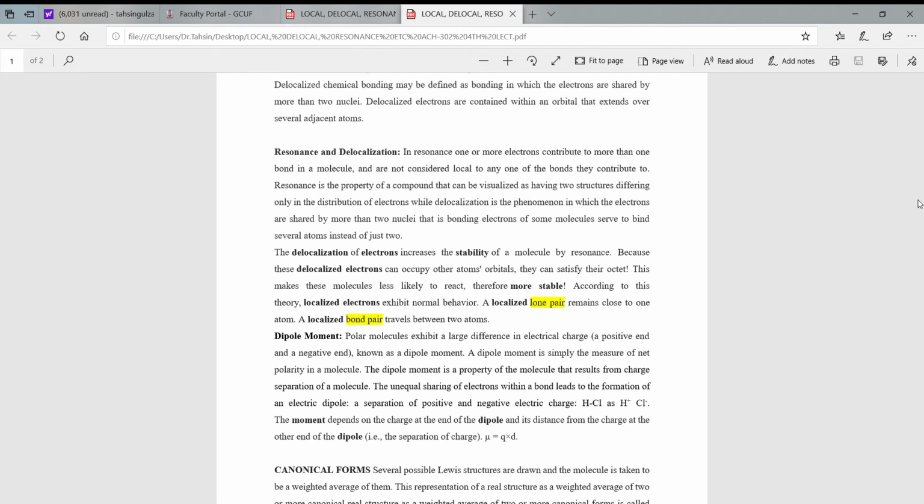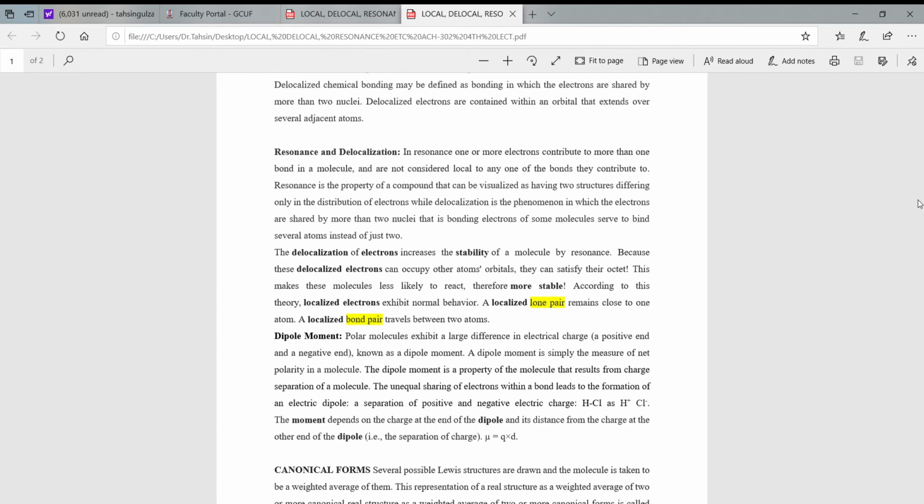So you can form two resonating structures with a double-headed arrow between them, to tell that these are resonating structures. They are canonical forms, they are contributors. They are contributing to the actual structure of the formate anion. One structure of the formate anion is not sufficient to portray the true picture of the formate anion.